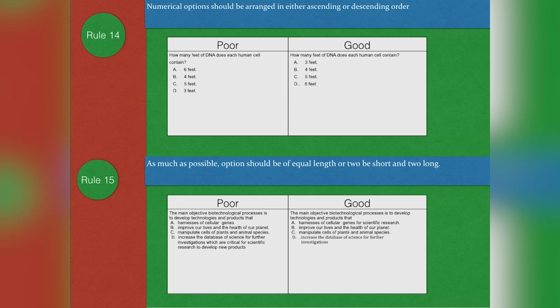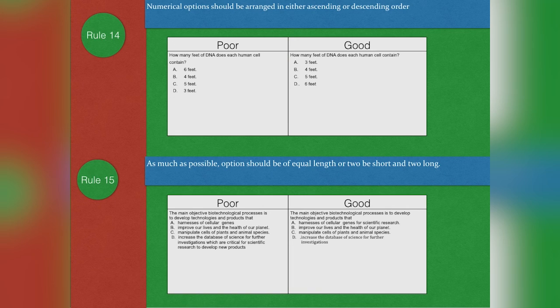Rule number 14 that I omitted before I went to 16 is that numerical options should be arranged in either ascending or descending order. If you look at the options here, it is scattered. Okay, 6, 4, 5, 3. No, it should be arranged in this order.